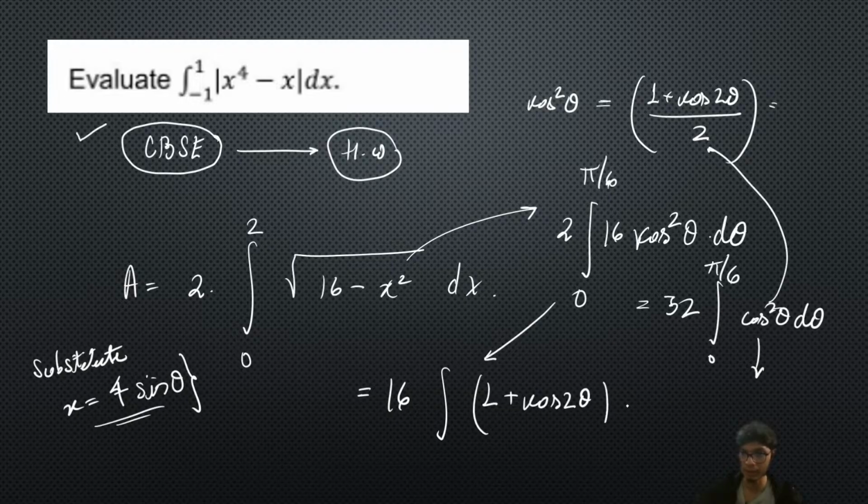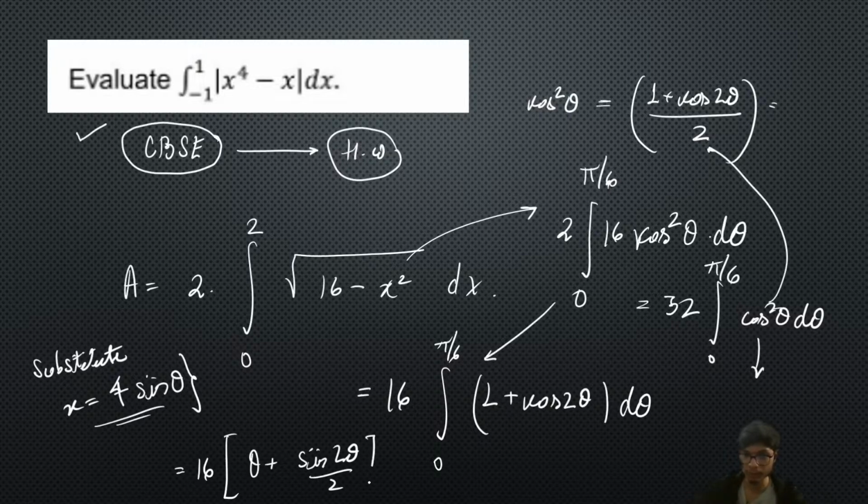I've taken 2 already as common. Now this part from 0 to pi by 6, I can evaluate this as 16 times, now this integral is going to be equal to theta plus sine 2 theta by 2 within the limit 0 to pi by 6, right?